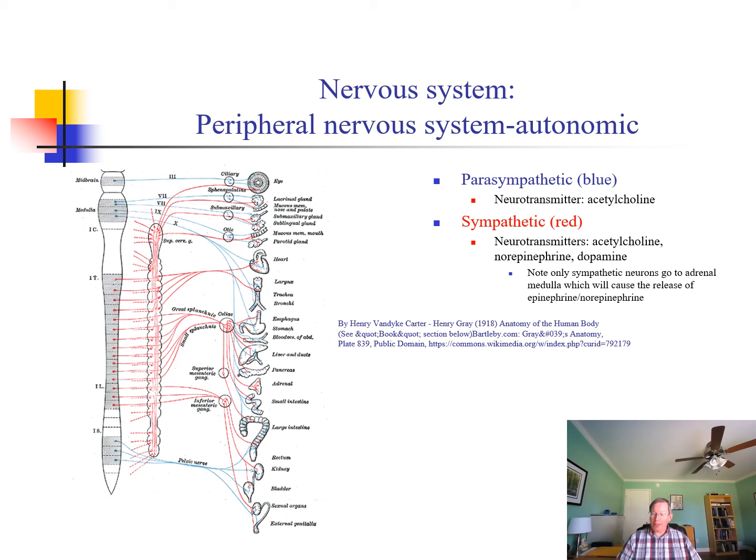The one thing that I will note here is that the sympathetic nervous system will go to the adrenal medulla and allow for release of epinephrine and norepinephrine. There is no parasympathetic innervation of the medulla, and that's because epinephrine and norepinephrine are neurotransmitters that are only involved in the sympathetic nervous system.